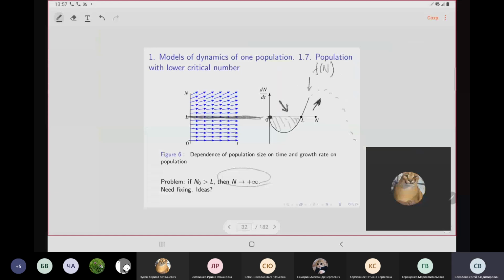And what about L? Is it stable or not? Will the solution remain close to L with increasing n?